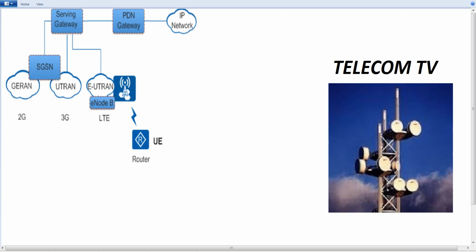LTE technology provides enterprises with high-bandwidth wireless WAN access services, etc. So why was LTE technology deployed? Mostly, LTE technology provides a lot of routers for interconnection, giving medium-sized enterprises a connection.